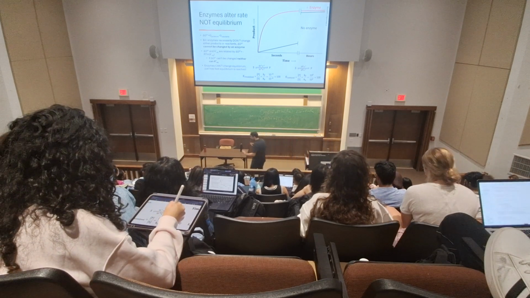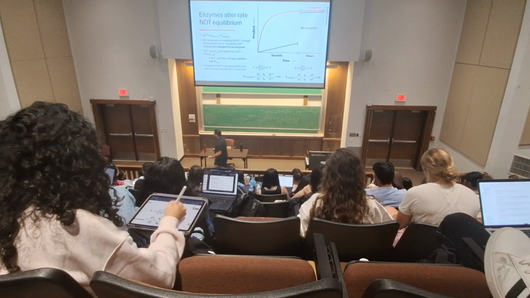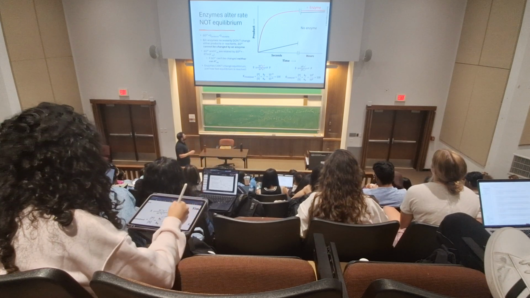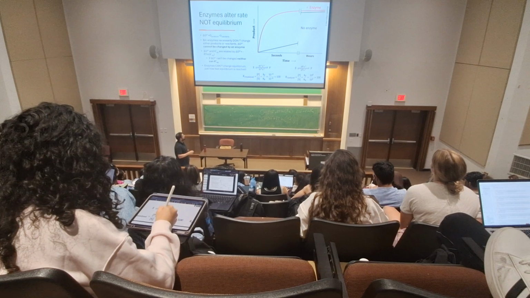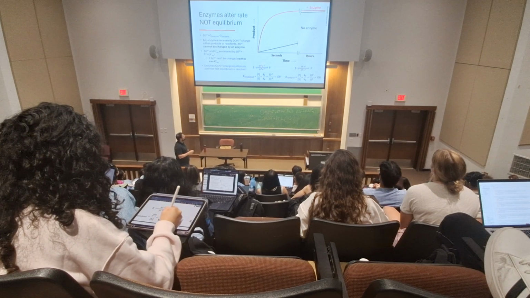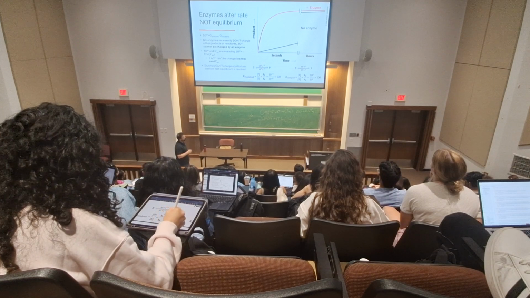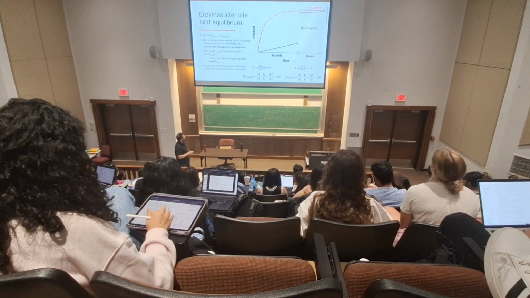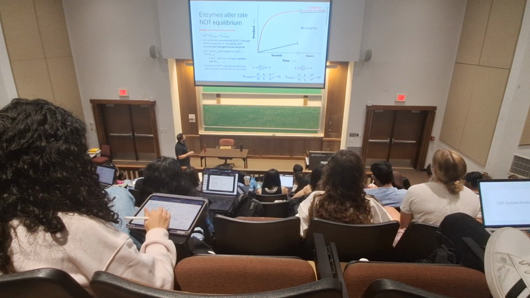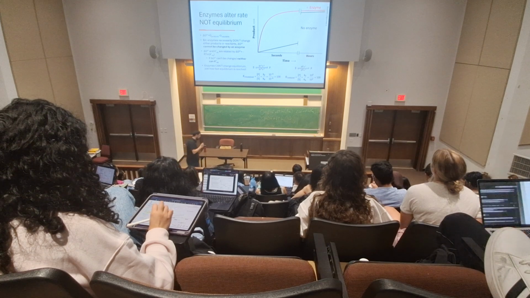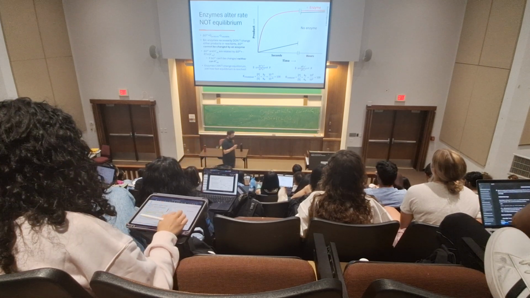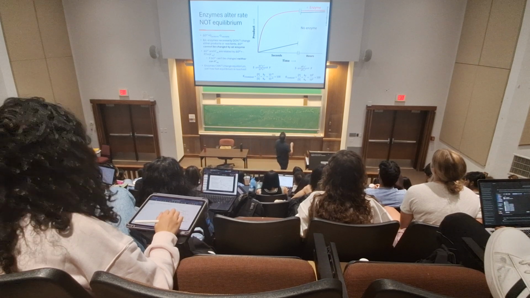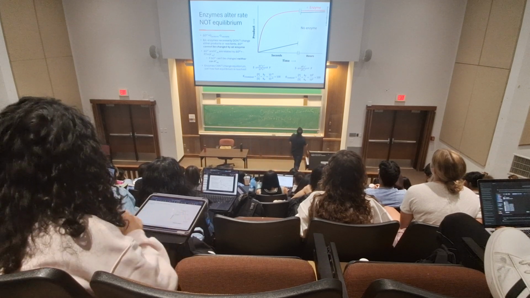Remember, if we're at equilibrium, we must have some forward reaction and some reverse reaction with some rate constants. K is equal to P over S, but it's also equal to the forward rate constant over the reverse rate constant. So in this case, Kf over Kr is 10 to the minus 4 over 10 to the minus 6, which is 100. So if we know the rate constants, we don't even need to know the concentrations of products and reactants. This will be useful for us in just a minute.